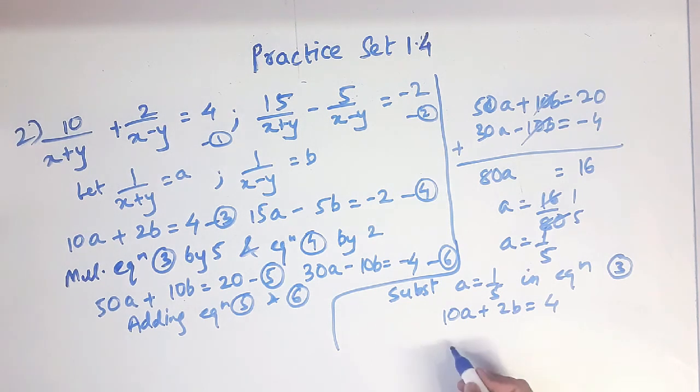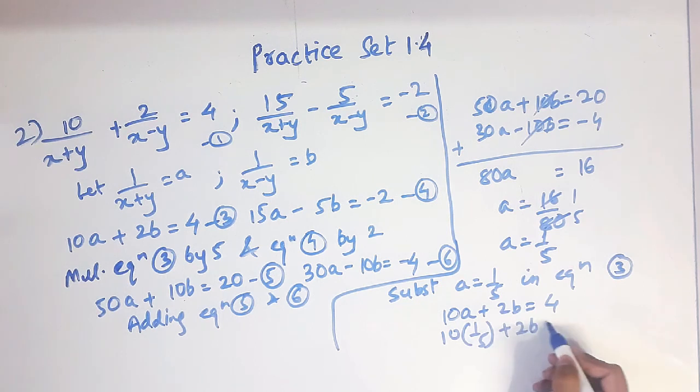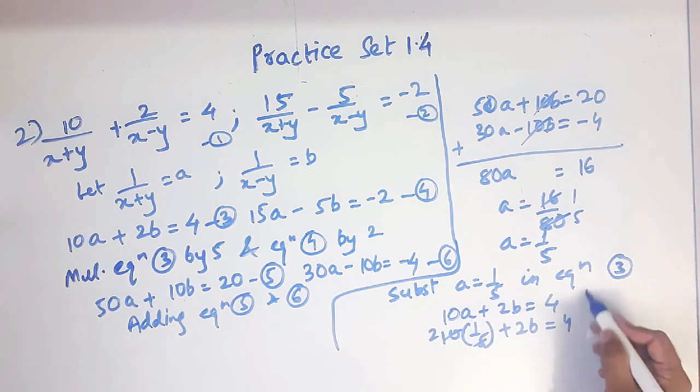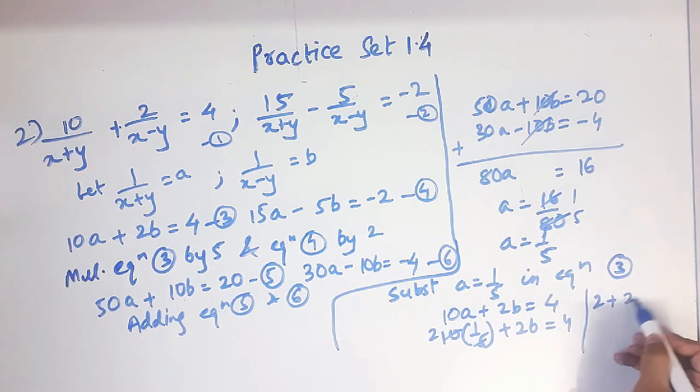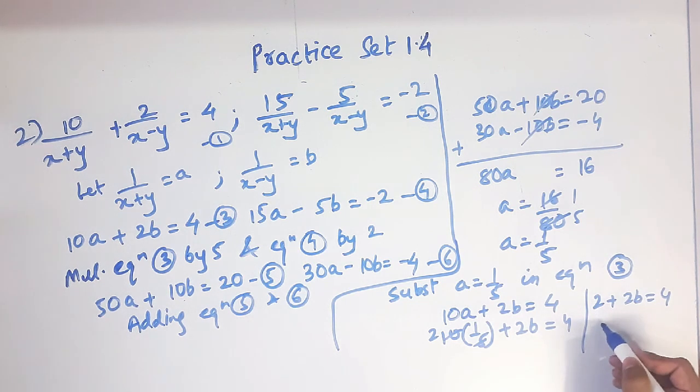Okay, now 10 times 1 by 5 plus 2b equals 4. So what we got? 2 plus 2b equals 4. Okay, now see, 2b equals 4 minus 2. 2b equals 2. So what will b equal? b will be equal to 1. So we got the value of a as 1 upon 5 and the value of b as 1.